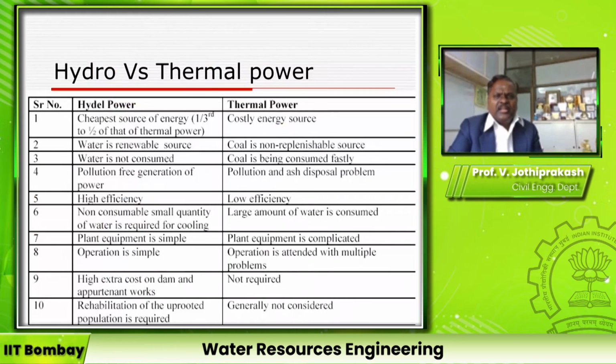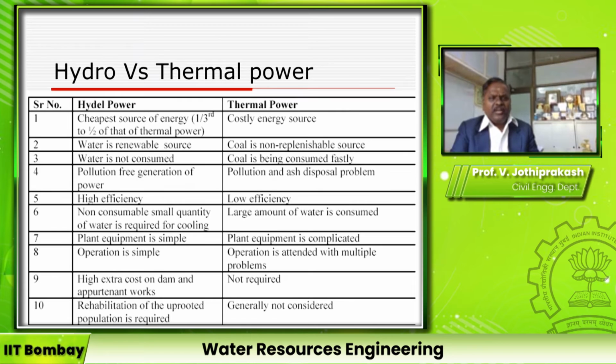Now this is a small comparison between hydroelectric power and thermal power. Hydropower is cheap compared to the thermal power station, and it is a renewable resource. Water is not consumed, whereas in a thermal power station a non-replenishable source is used and coal is being consumed faster.